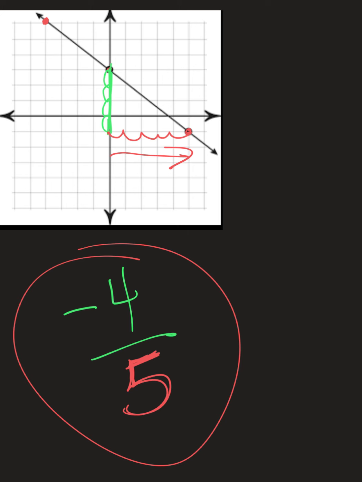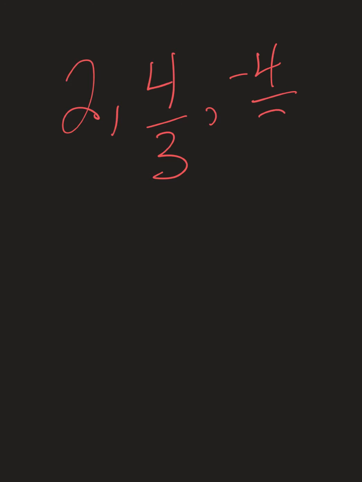Okay. In my U-try, I do want to point out the one that is largest out of all of the 4 examples that I just did. I'm going to look at those numbers. So those numbers include 2, 4/3, -4/3, and -4/5.